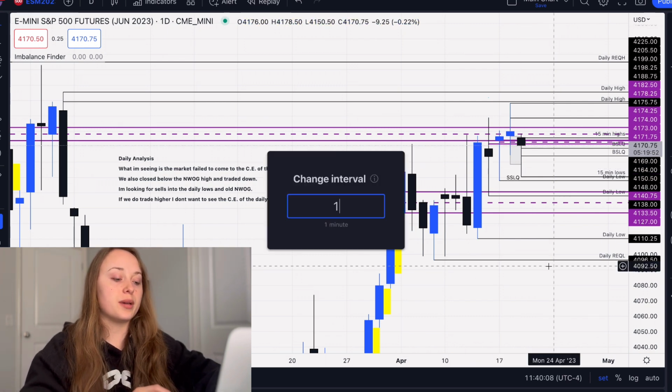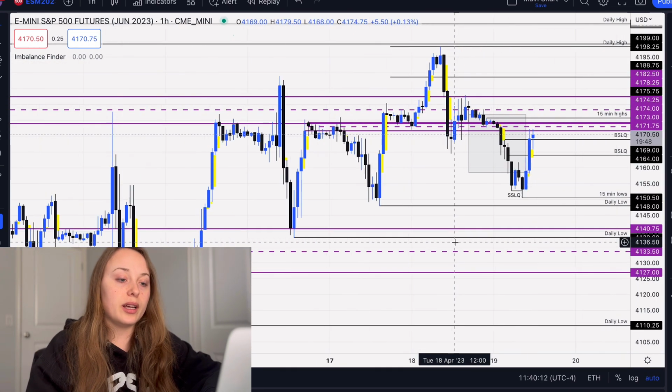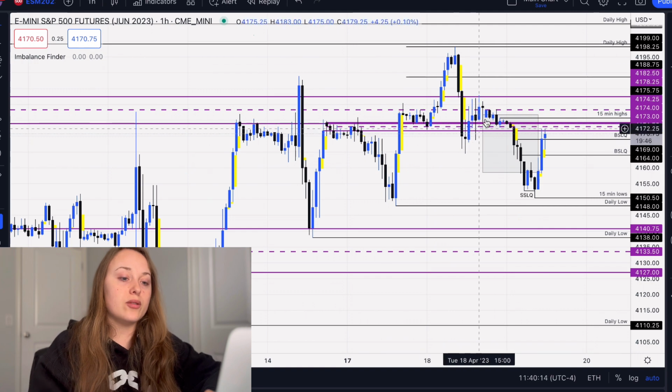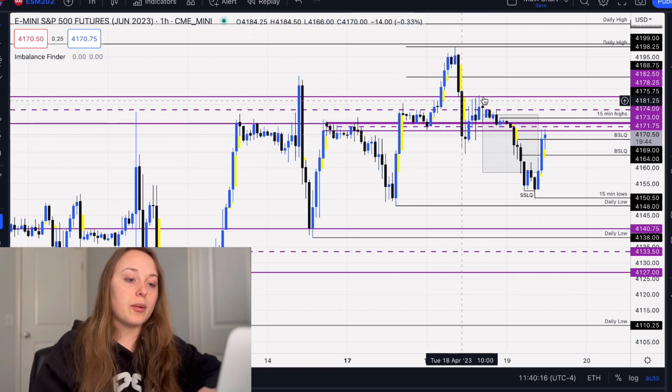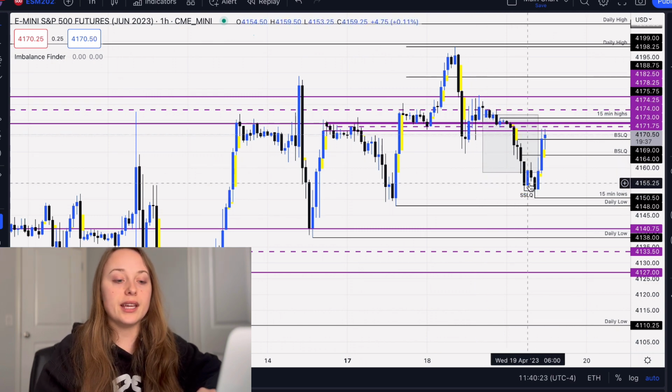So yeah, I kind of go through my daily, then I go down to the 1 hour. 1 hour, as you can see, we don't have too much going on here. We came up into this new week opening gap yesterday, sold off during London and Asian session.